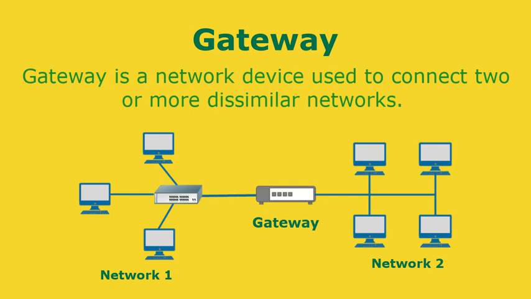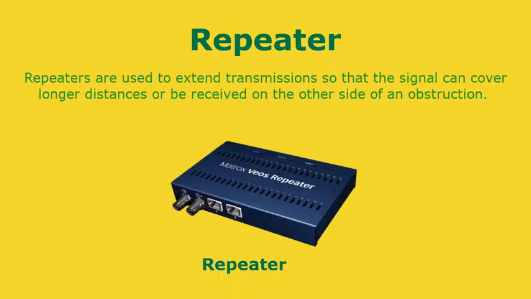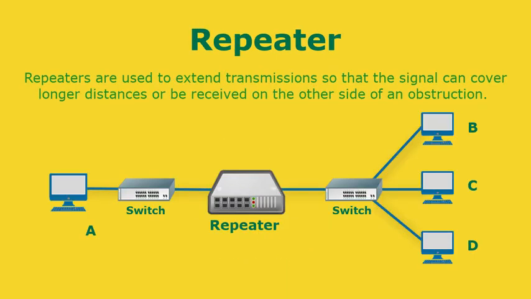For a large enterprise, this computer can also act as a proxy server, firewall, or malware protection. In addition, some networks also need repeaters. Repeaters are used to extend the transmission so that the signal can cover longer distances or be received on the other side of an obstruction. It increases the power of a signal and retransmits it.